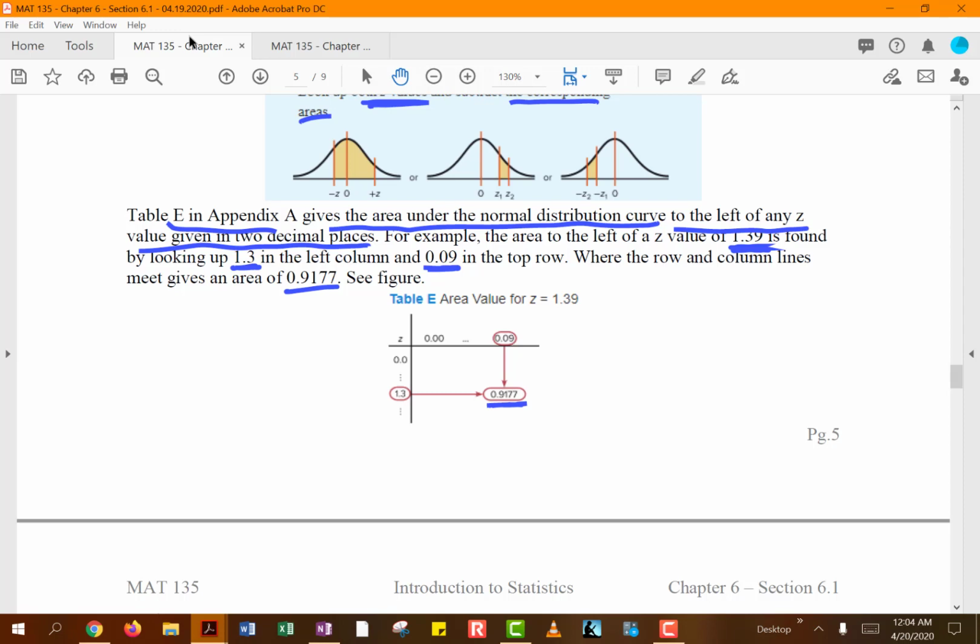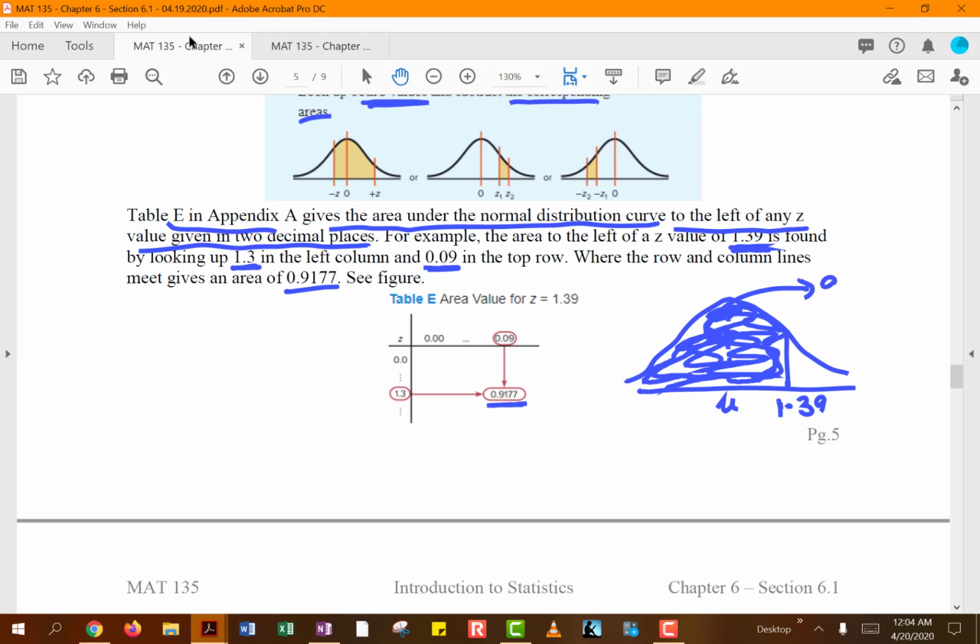0.9177. So we're basically saying, if this is our normal distribution curve, and in the middle, of course, is our mean. So if you are at 1.39 as your z-score, then this area which is below or to the left of 1.39, this whole area is going to be approximately 91.77%.